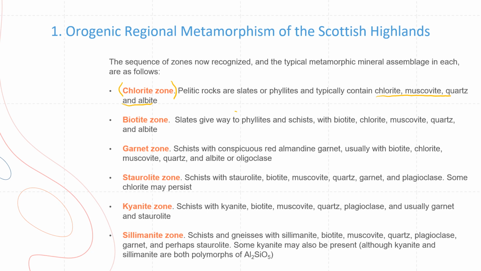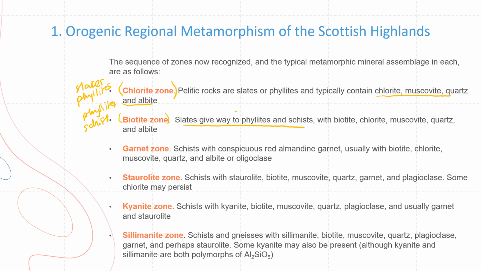Next, we have the biotite zone. So biotite zone, we have slates giving way to phyllites and schists. So going back, we have slates and phyllites here. Now we have phyllites and schists, with the following minerals.